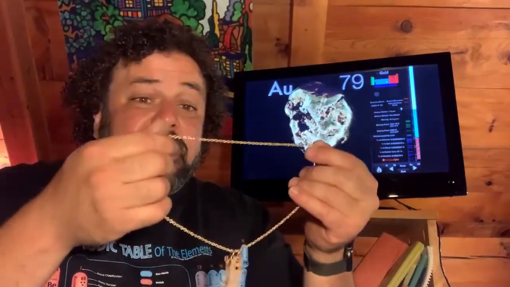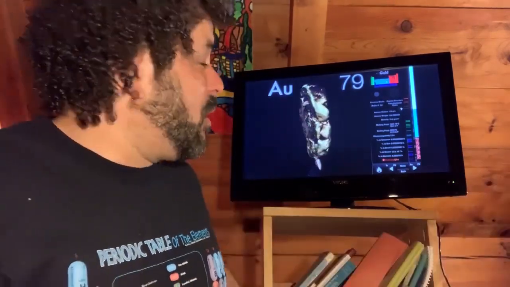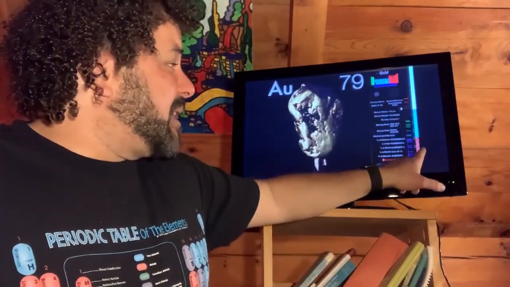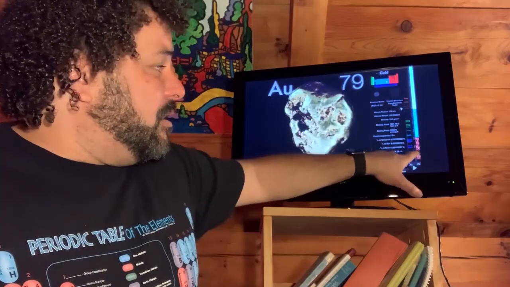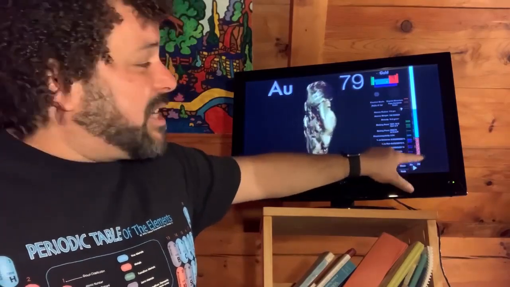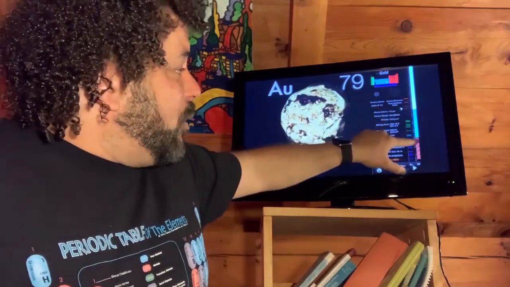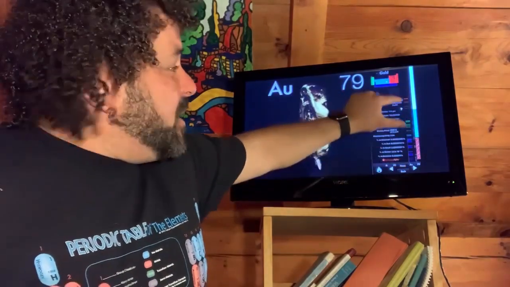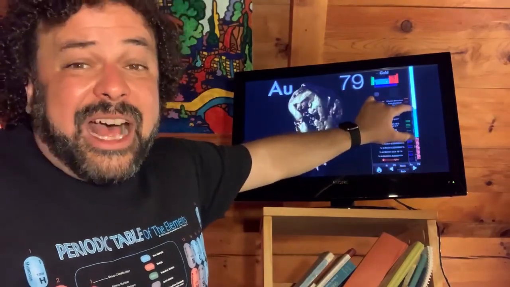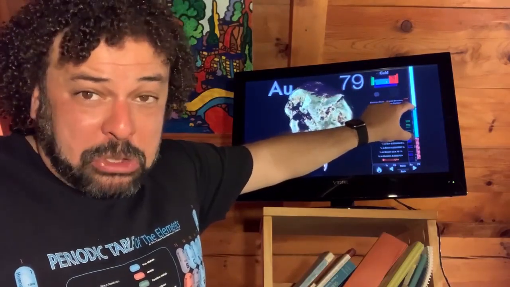And maybe if you know how gold is turned into jewelry, you have to understand that gold, just like we can melt ice, we can actually melt gold. And if you look at the Elements app, you can actually see here, the little bricks tell you the temperatures at which gold will stay solid. And then this that looks like waves tells you the temperatures at which gold will be a liquid, like molten gold.